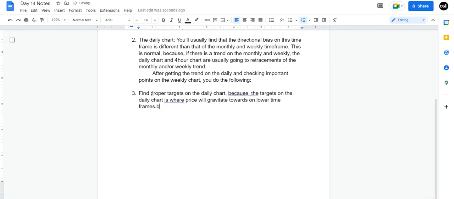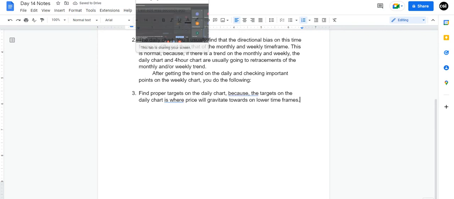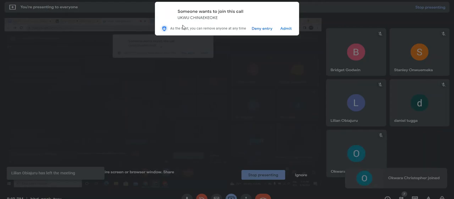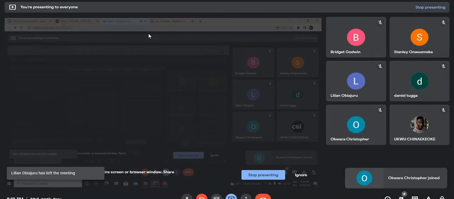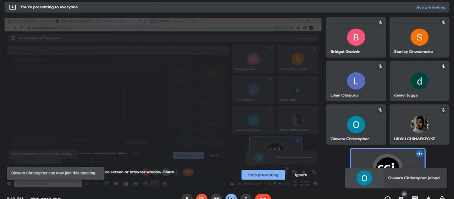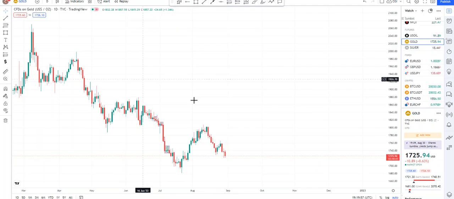So that is where price will gravitate towards on a lower time frame.